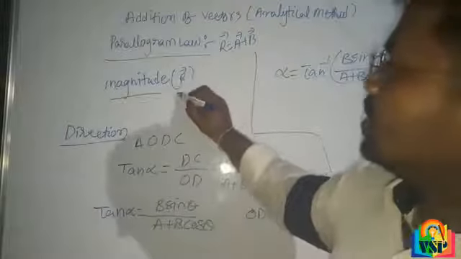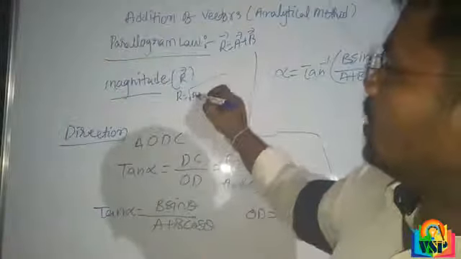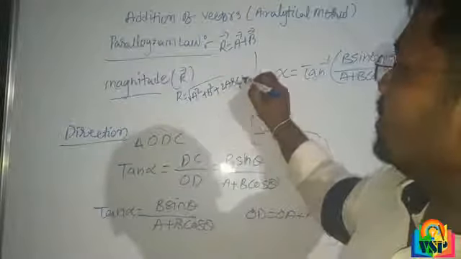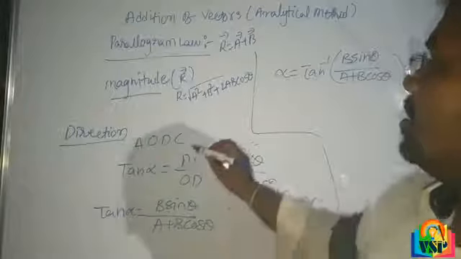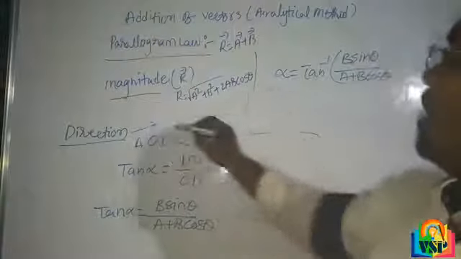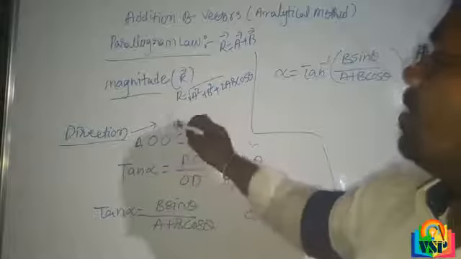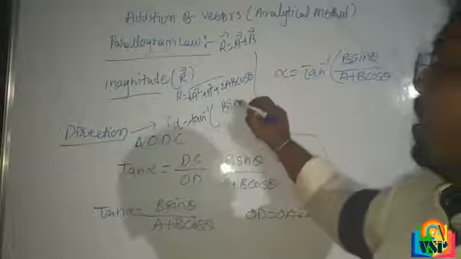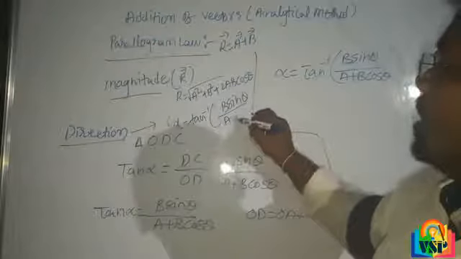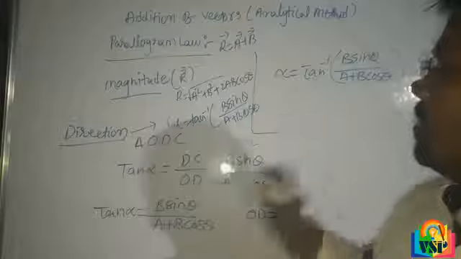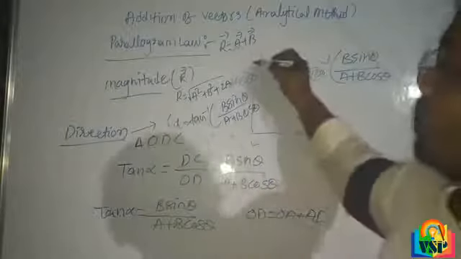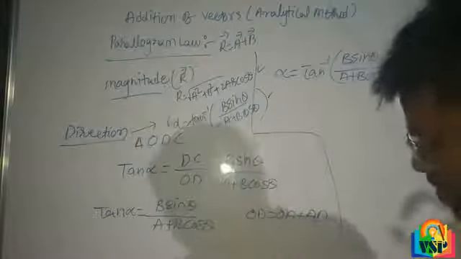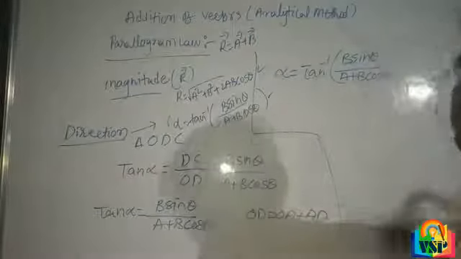So what is the magnitude? R is equal to root of A square plus B square plus 2AB cos theta. And the direction alpha is equal to tan inverse of B sin theta divided by A plus B cos theta. Understand? These two formulas are very, very important.